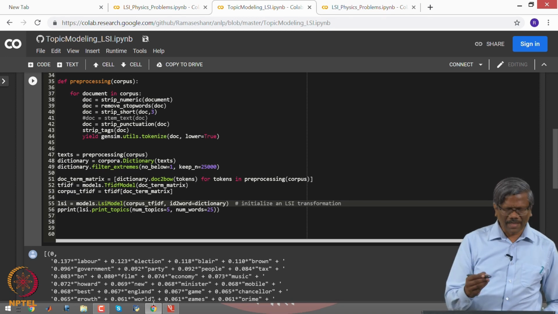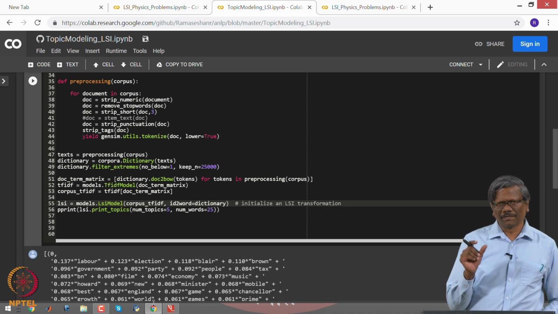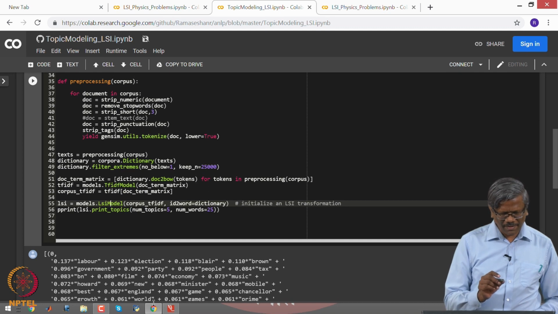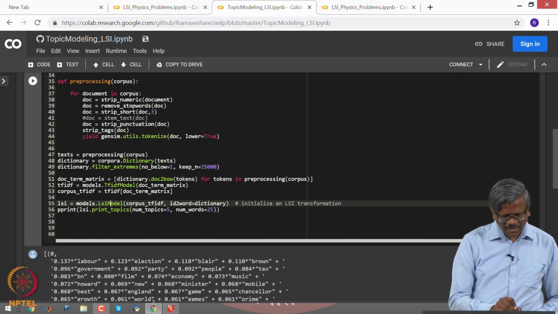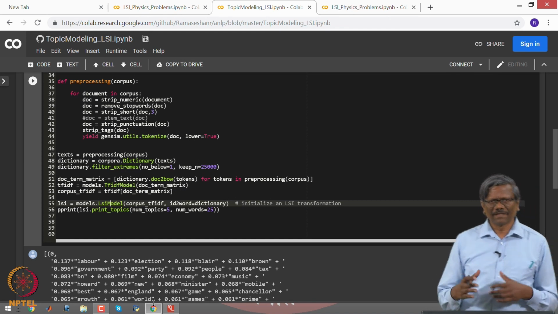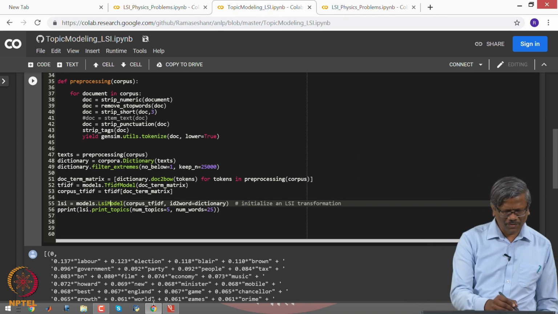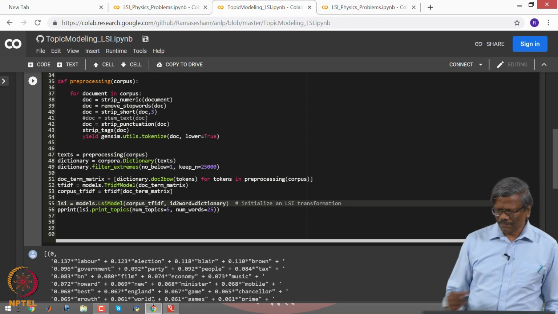You may also want to add your own stop words to this, and then I am going to strip words which are smaller than or equal to 3, and I am not stemming it. I am removing the punctuations. If there is any tag that are available as part of the document, that is also being removed. So, the pre-processing does all these tasks and then returns a set of tokens.